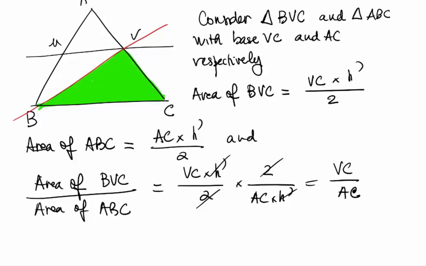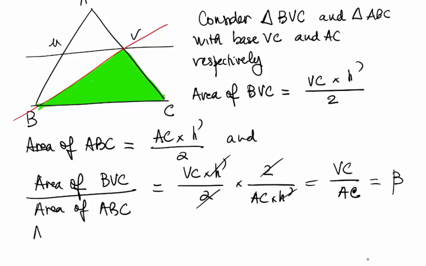Now, in summary, we have shown the following. We have shown that, well, this is equal to alpha, remember? Alpha is UB over AB. And this will be equal to beta, which is VC over AC.